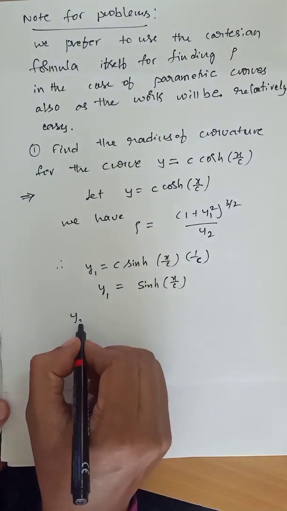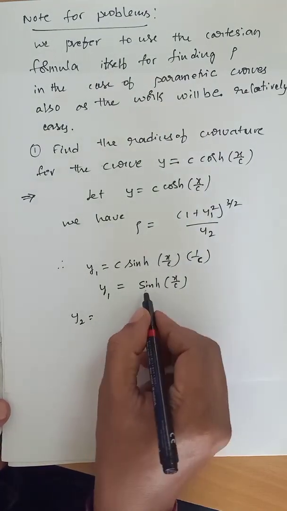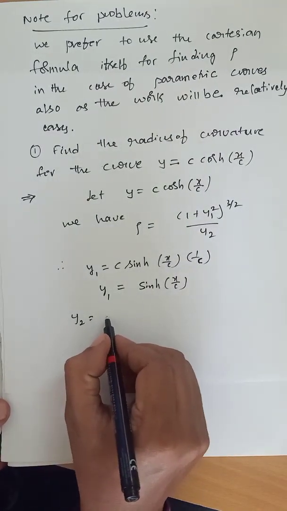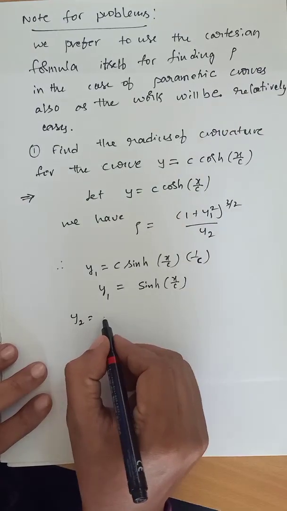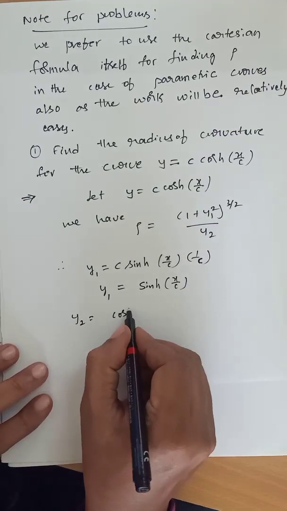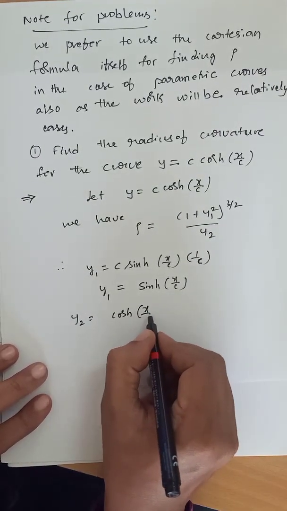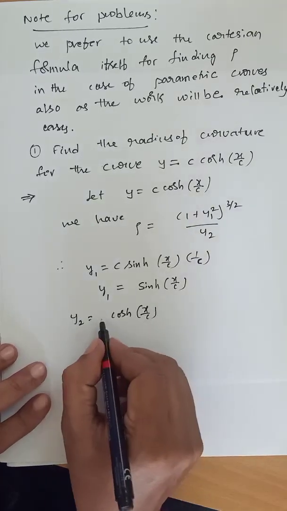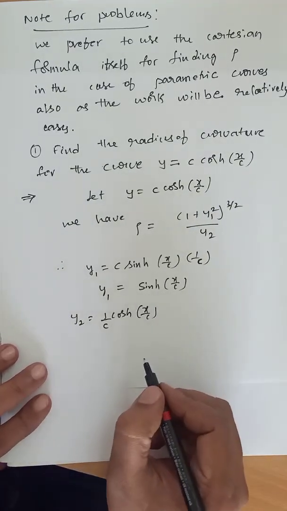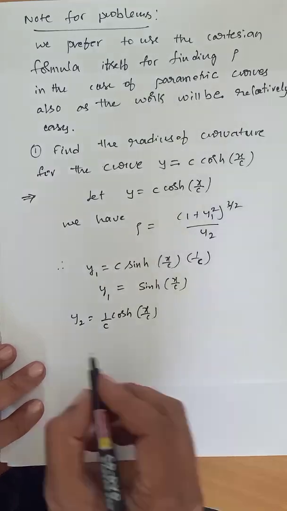And y2 is, again differentiate this with respect to x, the derivative of sin hyperbolic is not minus, only plus cos hyperbolic x by c into 1 by c. The derivative of x by c is 1 by c.